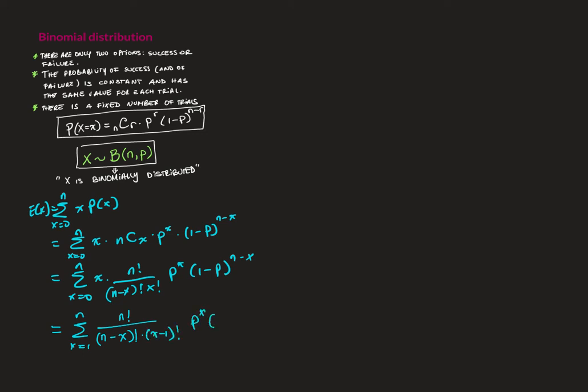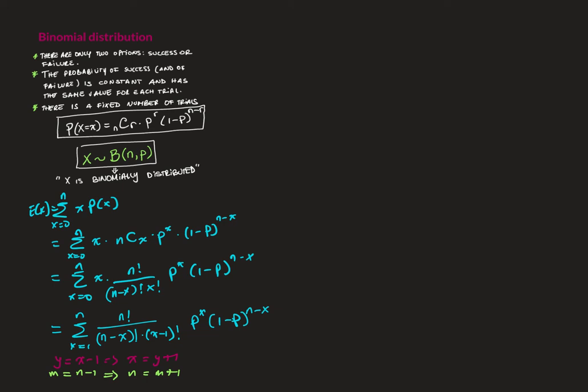Everything else remains the same. Now I want to define two new variables. I want to define the variable y as x minus 1 so that x is going to be y plus 1. And I also want to define the variable m as n minus 1 so that the variable n is going to be m plus 1.